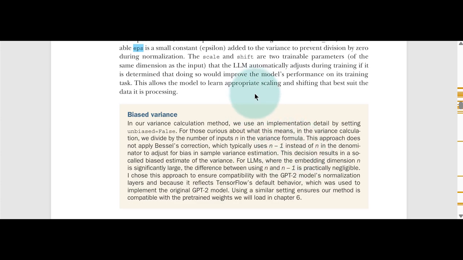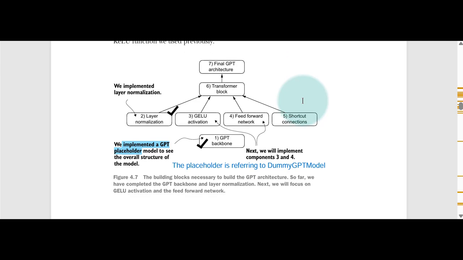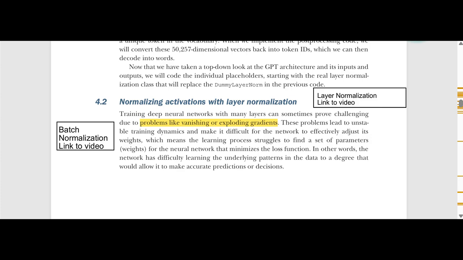It's just a very basic concept in statistics, and he's just pointing that out here. And then he runs his class here, and he gets some answers. And okay, so that is the end of what we're going to say about layer normalization.